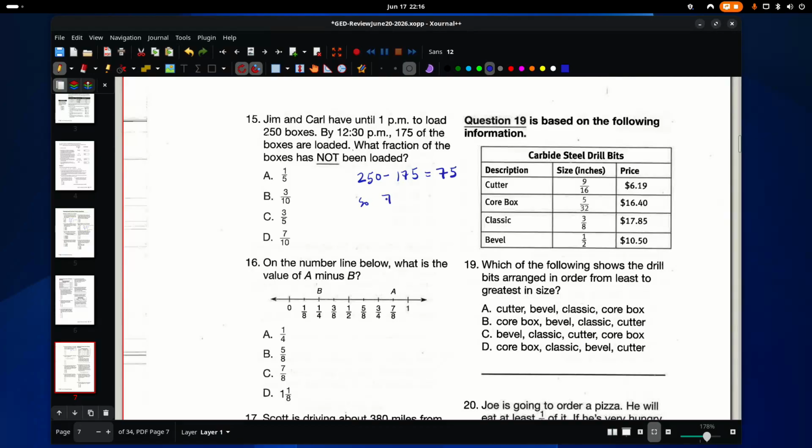So we have 75 boxes out of the total number of boxes, which is 250. And so 75 divided by 250, because the total is 250, we can divide both of those numbers by 5.